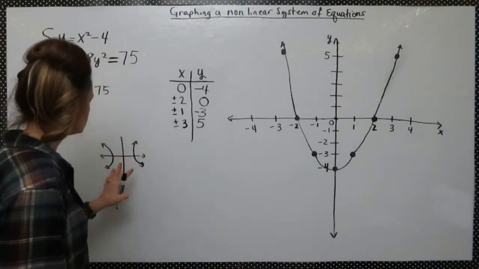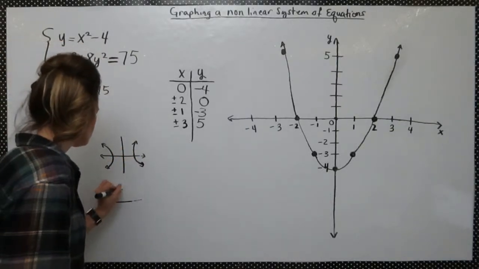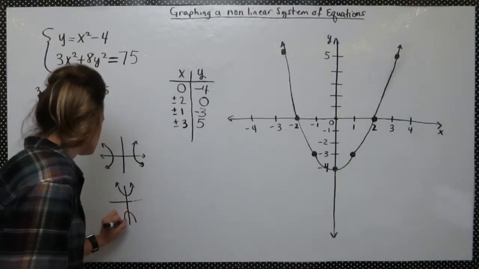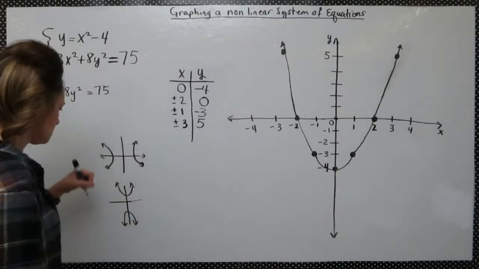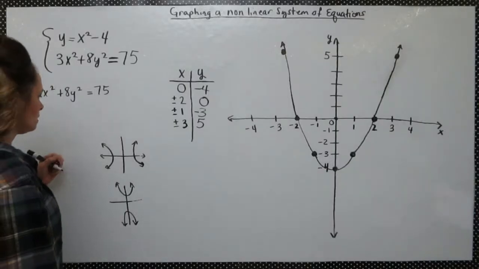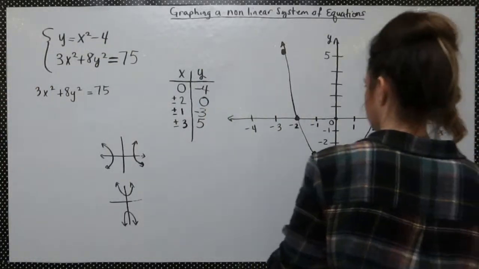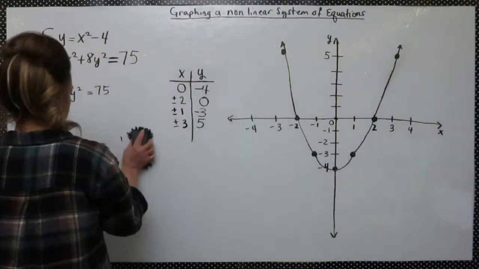That's what it's called. You can also have a vertical orientation where it's like this. And ellipses are the same way. I need my eraser. Ellipses are the same way.